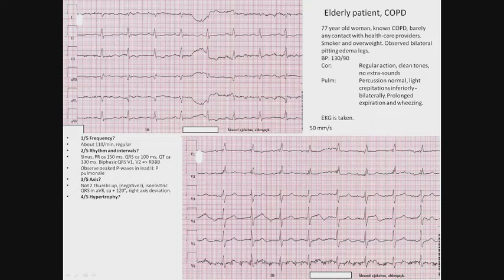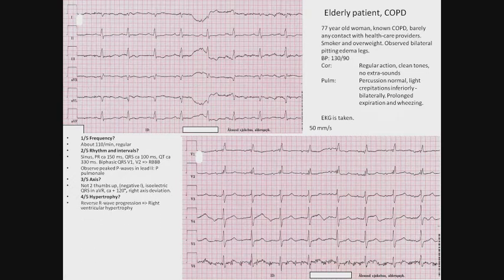So this means we have what we call a reverse R wave progression, which can indicate a right ventricular hypertrophy. But the confirmatory testing is done by ultrasound. But it gives us a strong indicator that there is right ventricular hypertrophy, and this agrees with a right axis deviation, which we found at step 3.